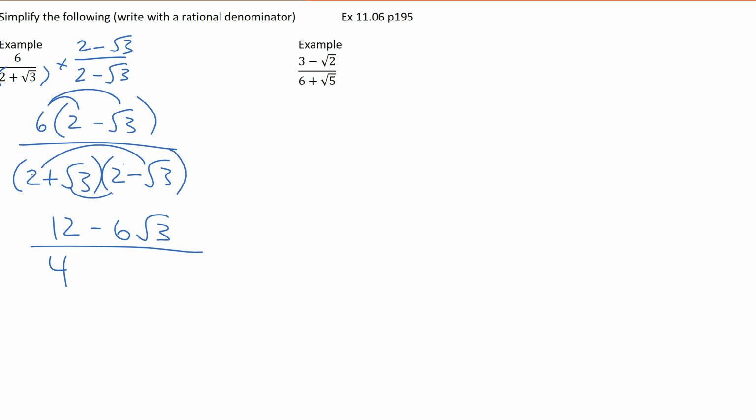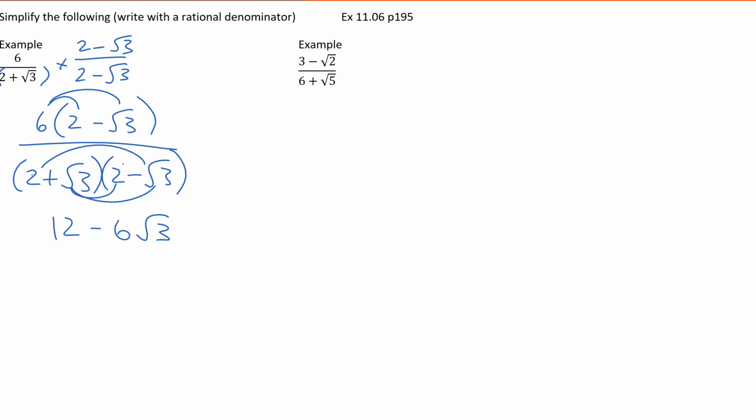That part and that part will simplify, leaving me with minus 3. Happy? Yep. Which I can just write as 1, which really I can just write as that. Does that make sense? Okay.